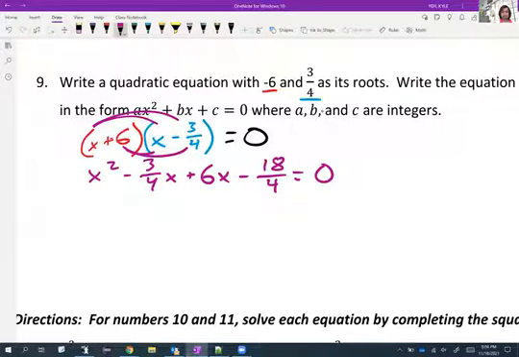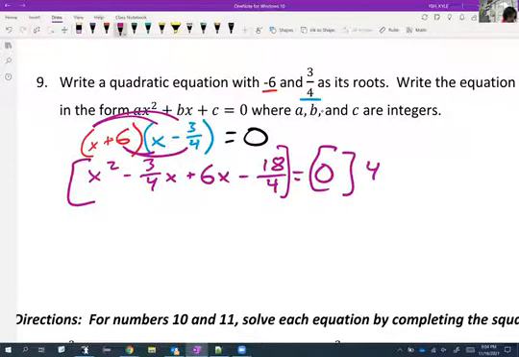If that's the case, what can we multiply on both sides of the equation to get rid of those fractions, the denominators? Let's multiply both sides just by 4. I know that 4 times 0 is still 0, so that side's fine.